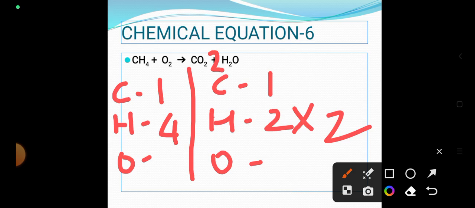Now talking about oxygen, oxygen is 2 on reactant side and now oxygen is 4 on the product side. So if I multiply oxygen by 2, then you will have a complete balanced equation. So the complete balanced equation will be methane plus 2 oxygen giving rise to carbon dioxide plus 2 water.